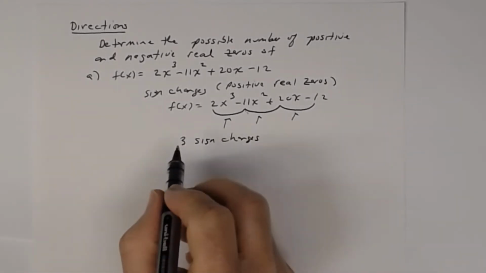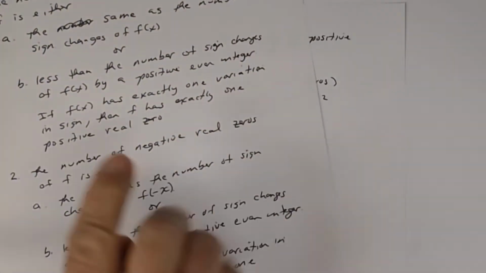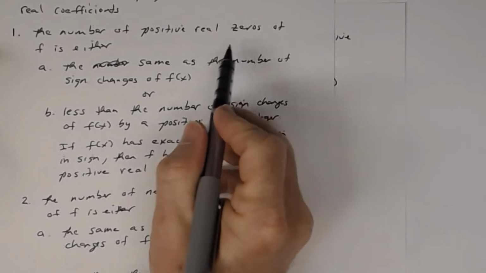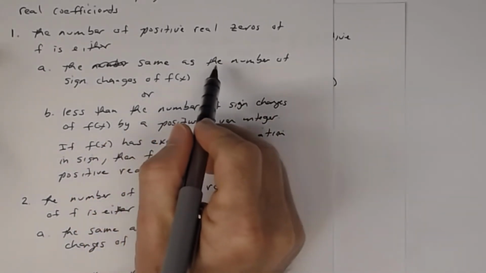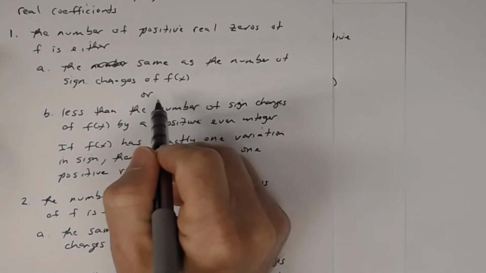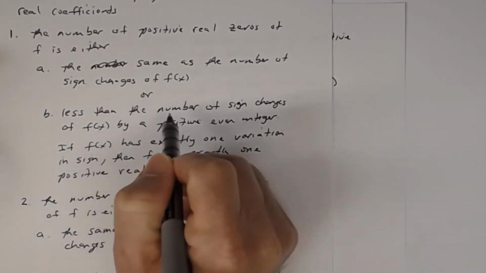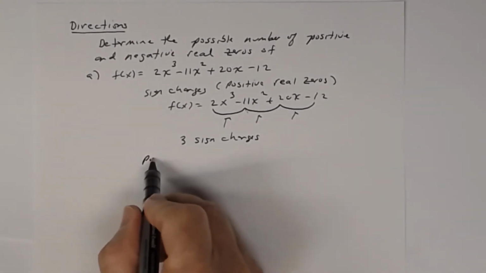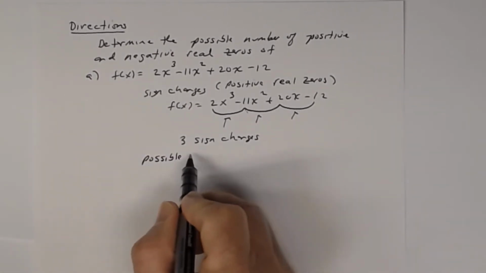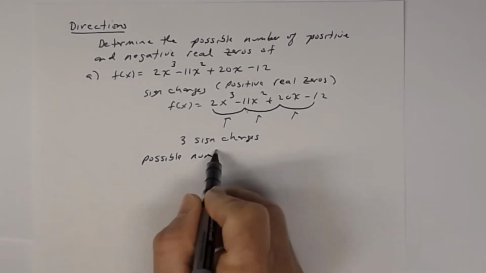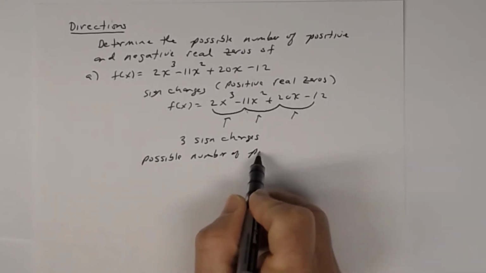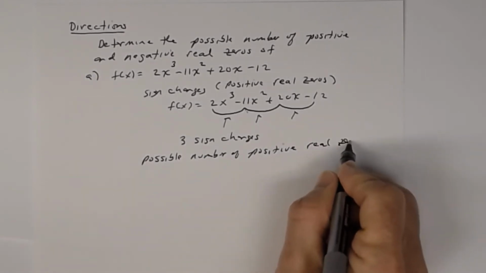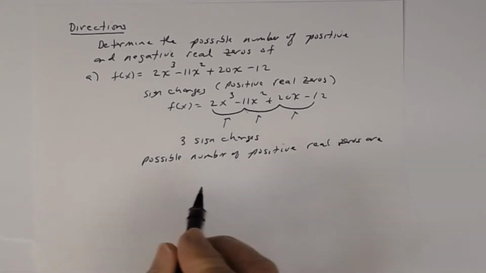So what that means is this. So remember this. The number of positive real zeros of f is either the same as the number of sign changes of f or less by an even number. So the possible number of positive real zeros are, so here we go.